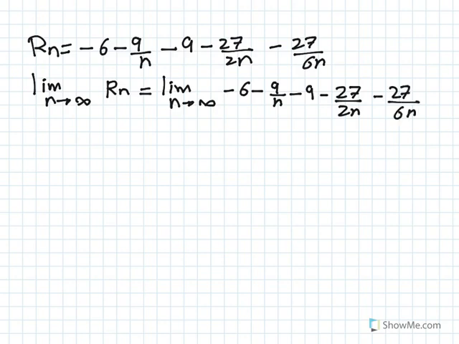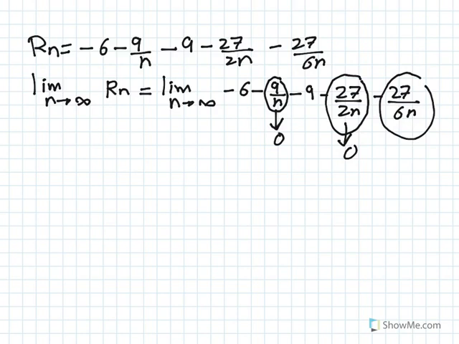Now, when we take a limit as n goes to infinity, it is clear that 9 over n, this ratio, will approach 0 because we have a constant being divided by a large number. Similarly, 27 over 2n will go to 0, and 27 over 6n is also going to go to 0. So the limit as n goes to infinity of Rn will be minus 6 minus 9, which is minus 15.